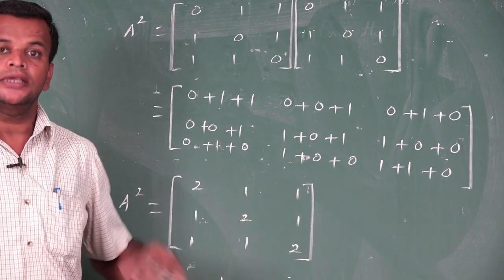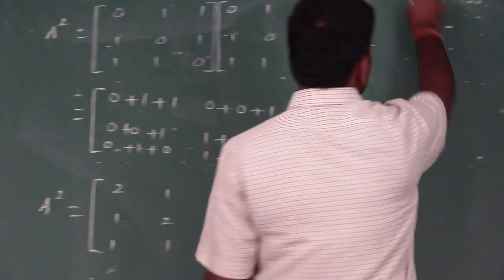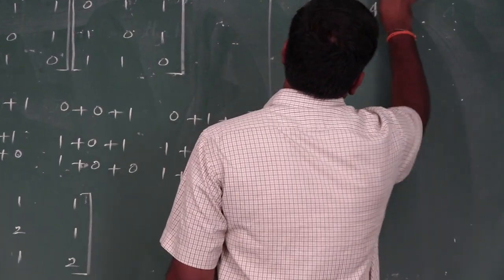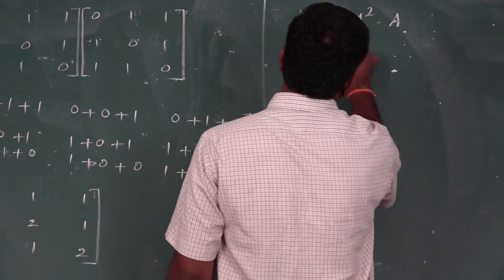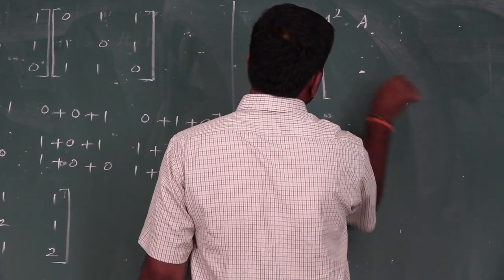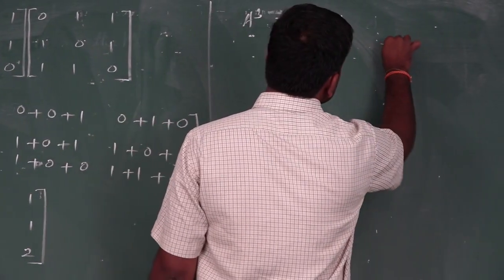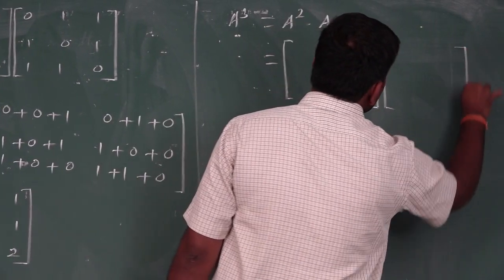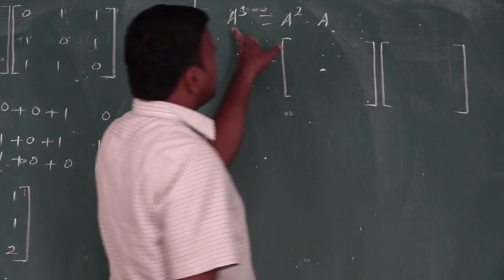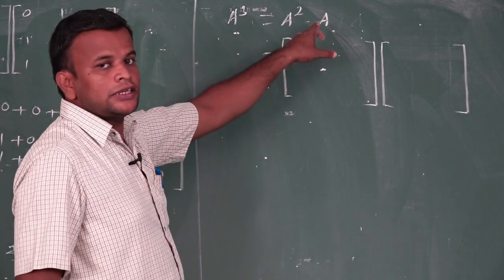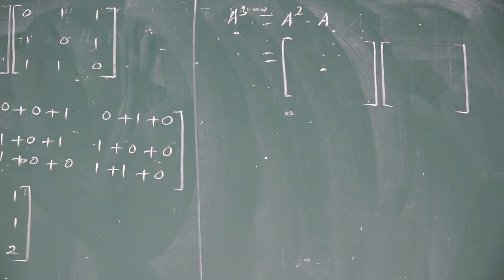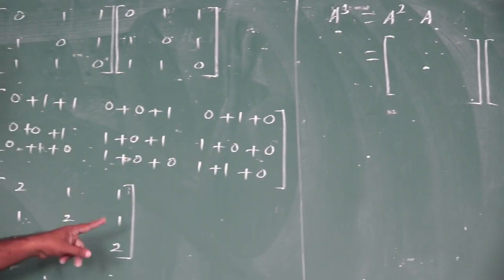Now we find A cube. How to write A cube? The value of A cube is A square into A. We already found the value of A square, which is 2, 1, 1, 1, 2, 1, 1, 1, 2.